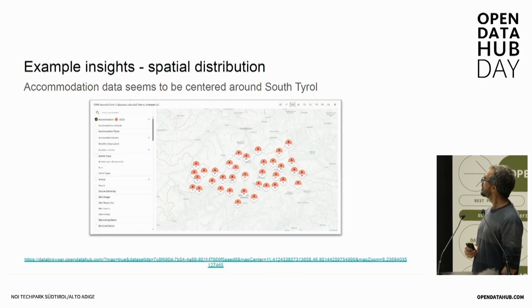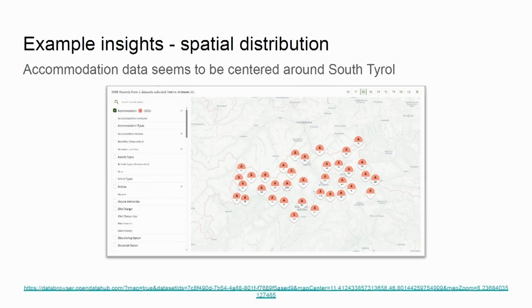Next, here we see some spatial distribution. Again, the accommodation data set, I chose it because it's something that's easy to imagine what it's about. It's just accommodation, hotels, and so on. And here we see, for example, in the map visualization, that the accommodations that are stored inside the Open Data Hub seem to be centered around South Tyrol.